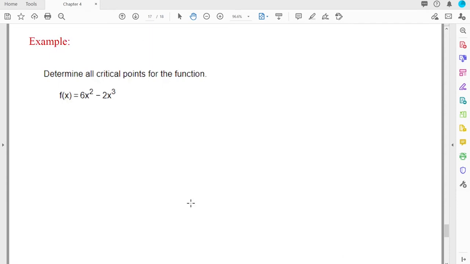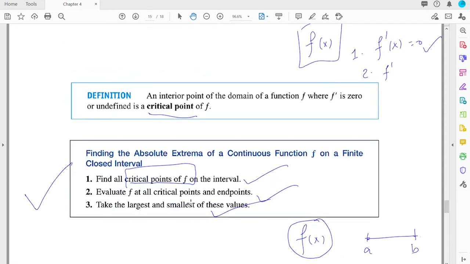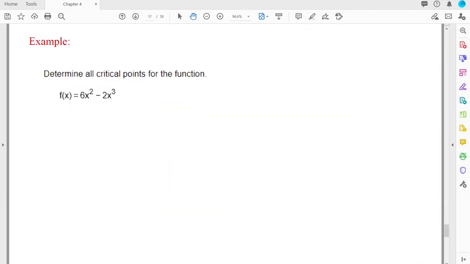Determine all critical points for the function. Remember, to find the critical points, you need to find the derivative of the function if it exists. If it does not exist, then that point is a critical point. If it exists, then equate that derivative with 0 and solve for x. In this case, if we find the derivative by using the power rule, it would be 12x minus 6x squared.